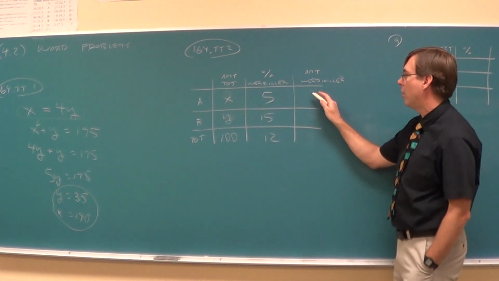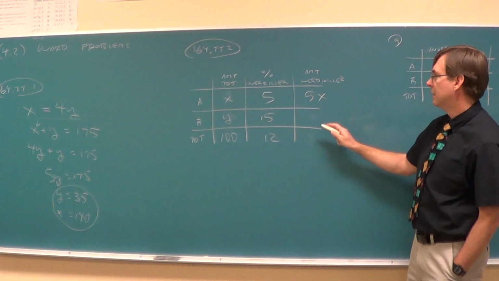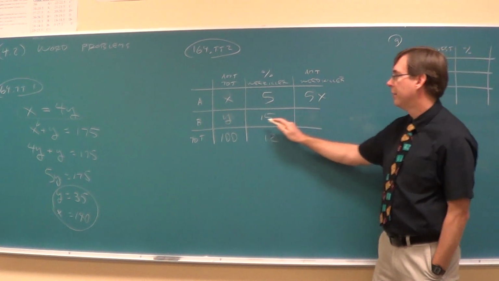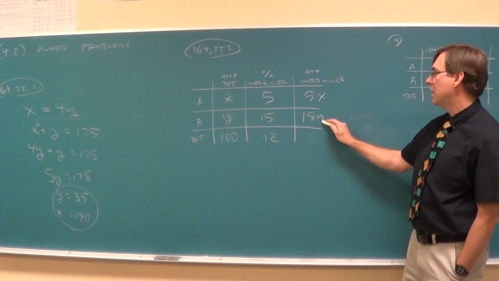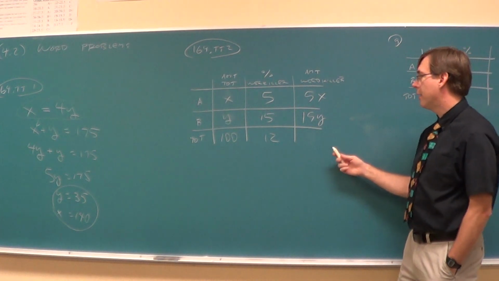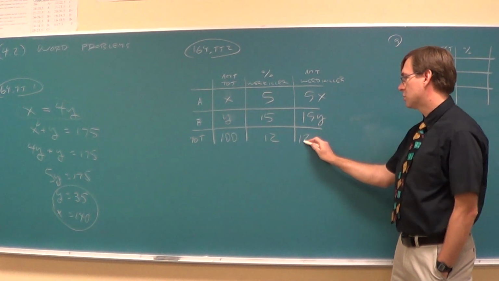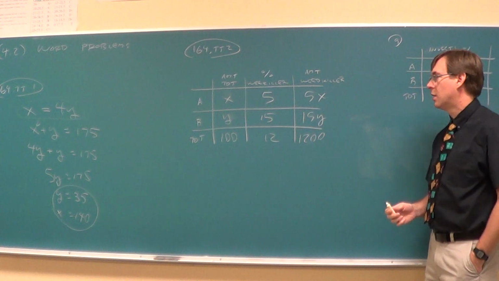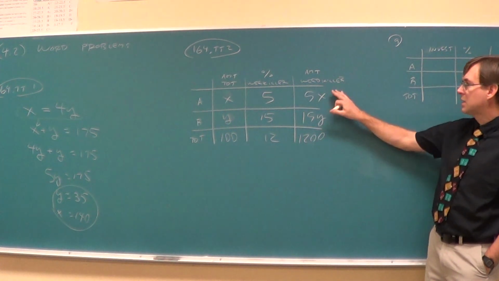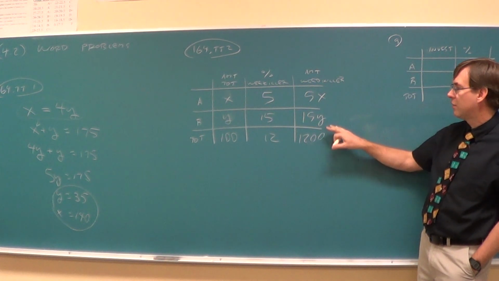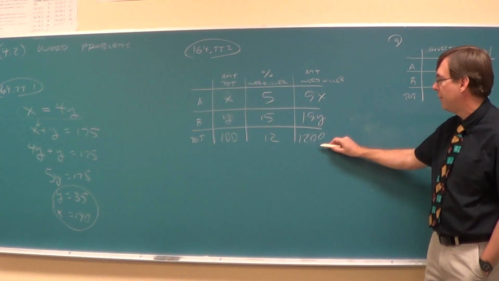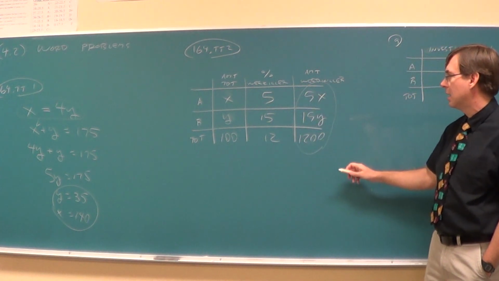This is a multiply world. So this is 5x. So we've got some weed killer there. Multiply across, there's 15y. There's some more weed killer there. If you multiply this, there's 1,200 total weed killer amounts. So some weed killer from this, some weed killer from that. Grand total is 1,200. This is going to be an equation.